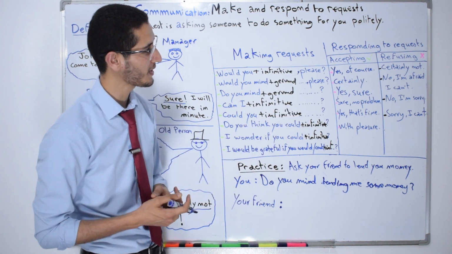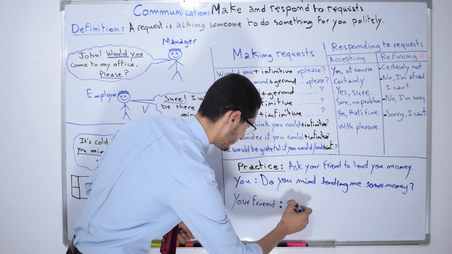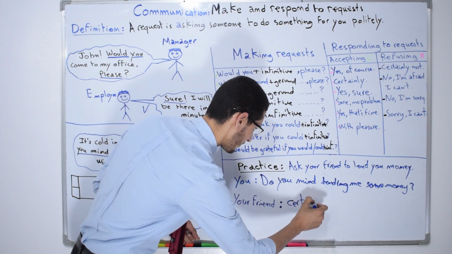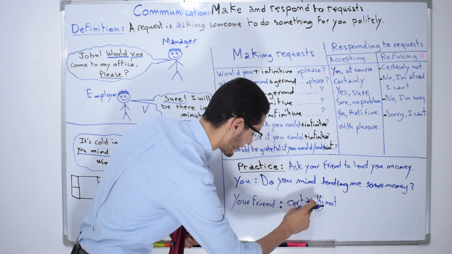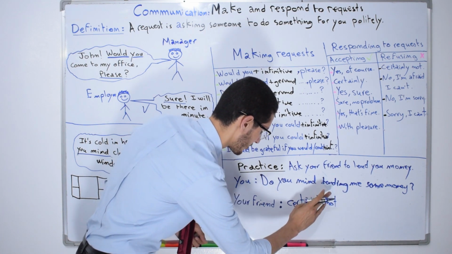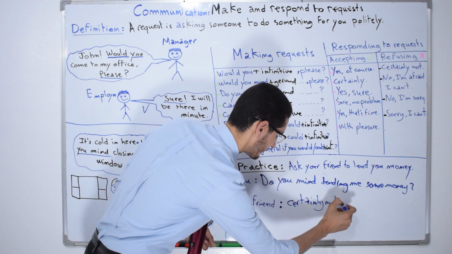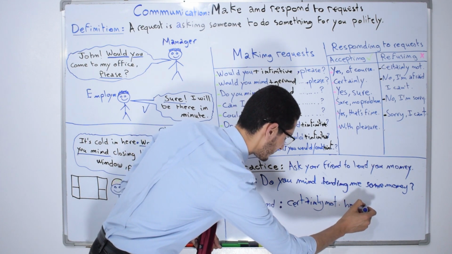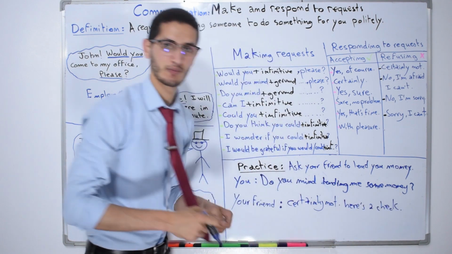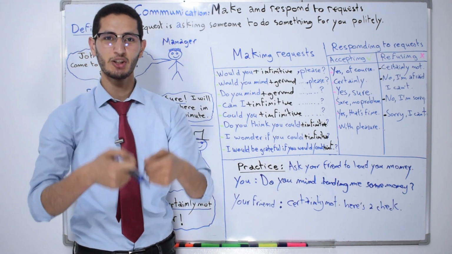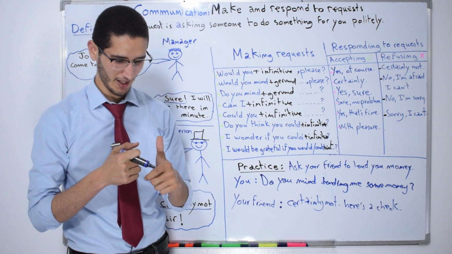So he's going to say, certainly not. Certainly, sorry, one L. Certainly not. Here's a check. Here you go. You can take the money, right?